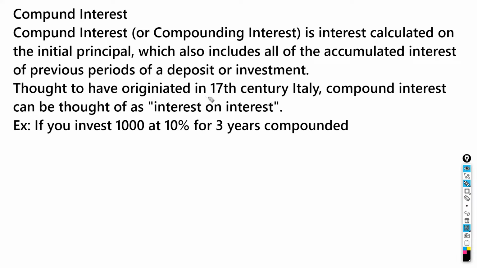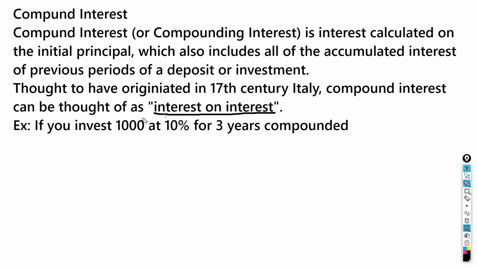Thought to have originated in 17th century Italy, compound interest can be thought of as interest on interest. And I really like this, guys, because that's exactly what it is. It's interest on your interest. It's really amazing.